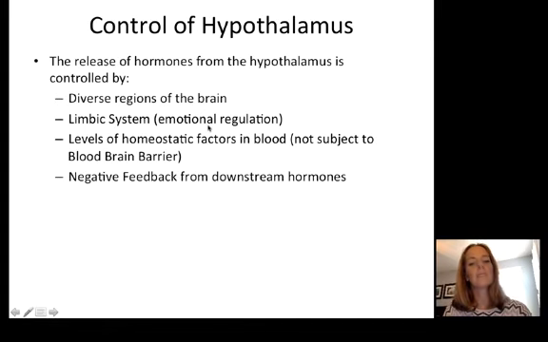There are emotional regions of the brain, the limbic system, that can affect hormone control. There are levels of homeostatic factors in the blood that can affect hypothalamic control. And there's a lot of negative feedback from downstream hormones that can affect the hypothalamus. So the manager as well can be regulated.